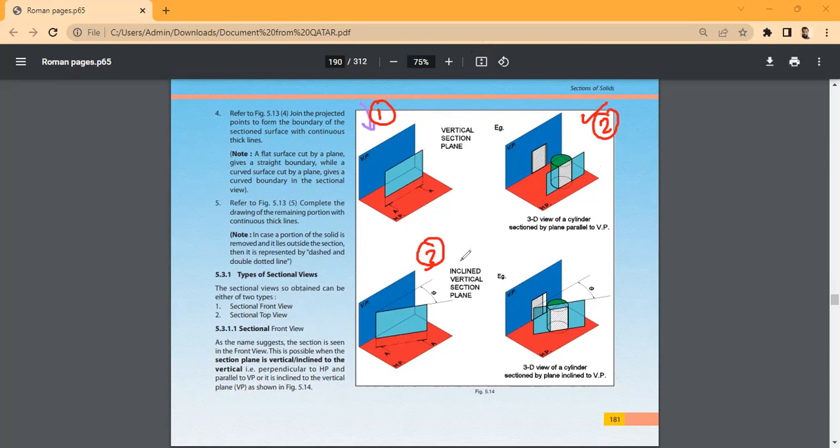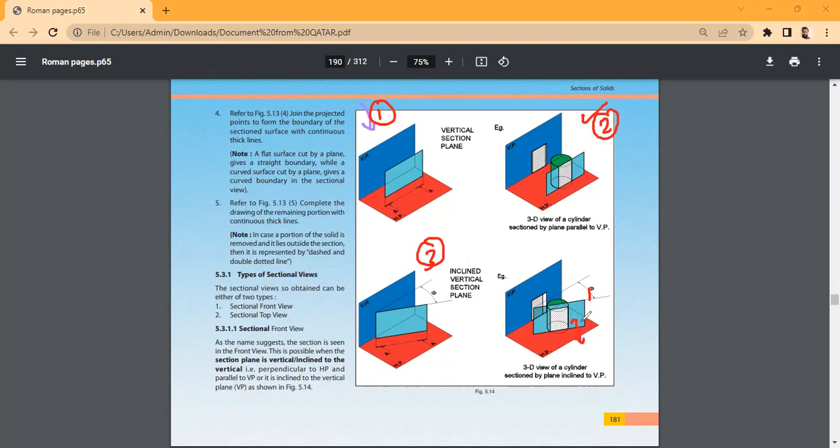Third one: it's perpendicular to HP and inclined to VP, right? Yes, sir. So in this case the cutting plane is perpendicular to HP.